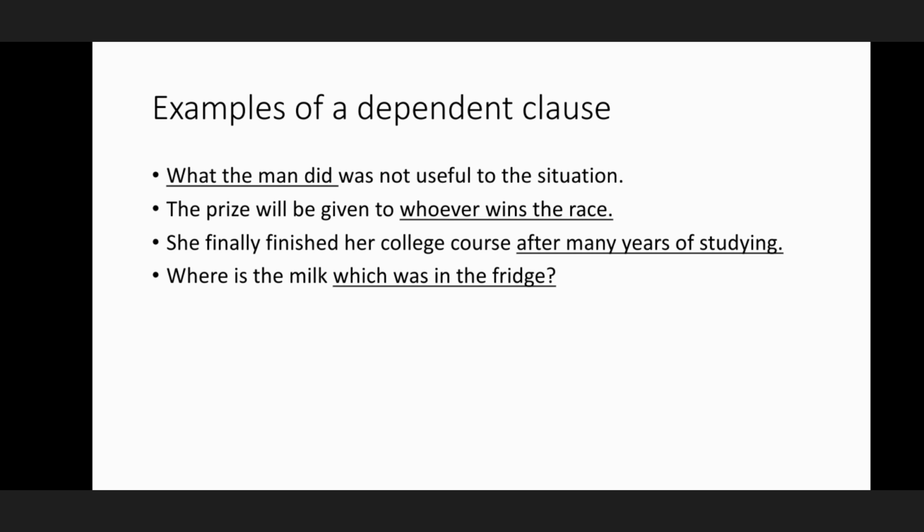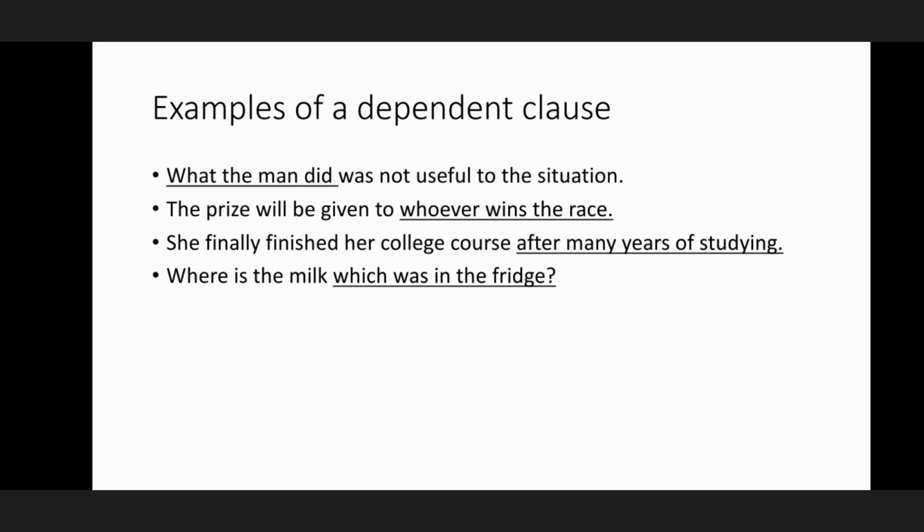Now to sentence number 2. The prize will be given to whoever wins the race. In sentence number 2, I underlined some group of words as well, and that is known to be a dependent or a subordinate clause.